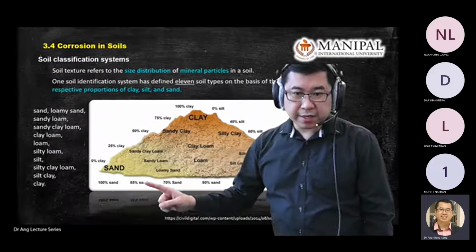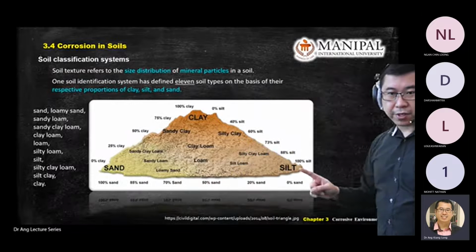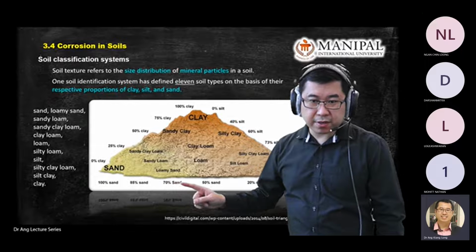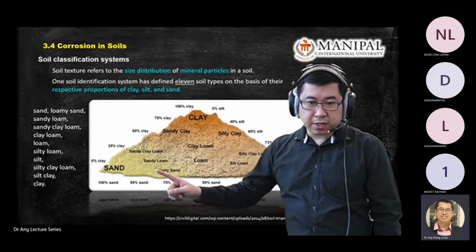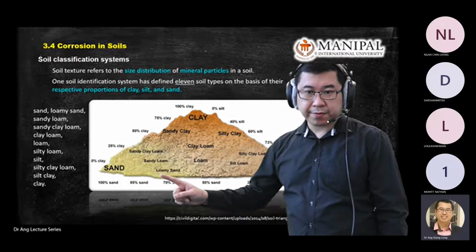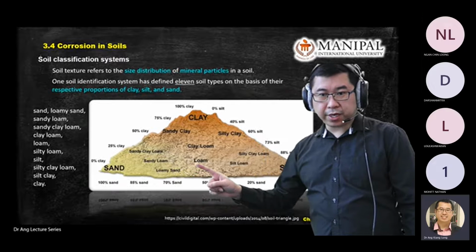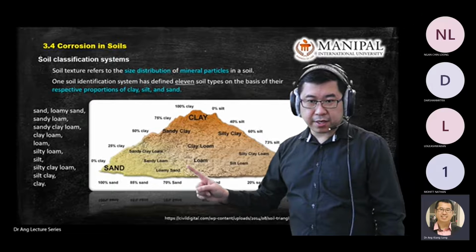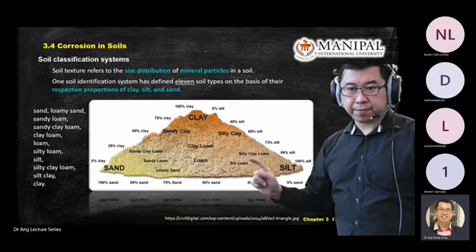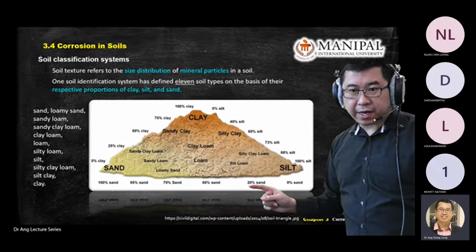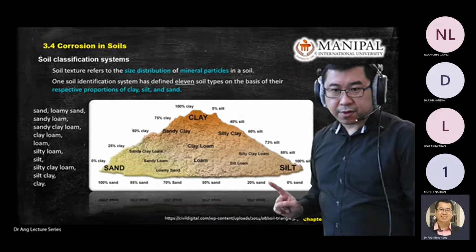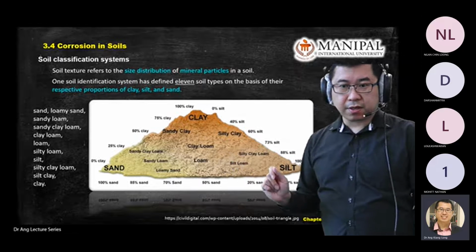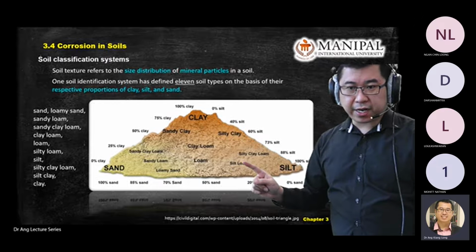What happens if you mix 85% of sand with silt and go a little bit more, 70%, you get a loamy sand. Over here, when you have 50% of sand, you get a loam. When you have 20% of sand, you get a silt loam here with a little bit of clay also, right?